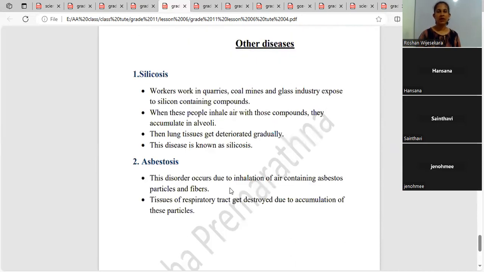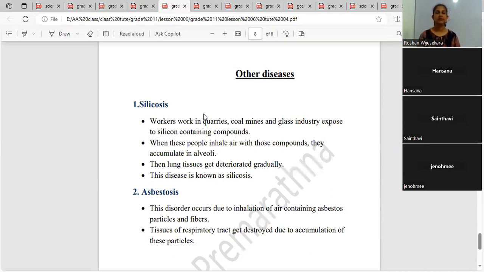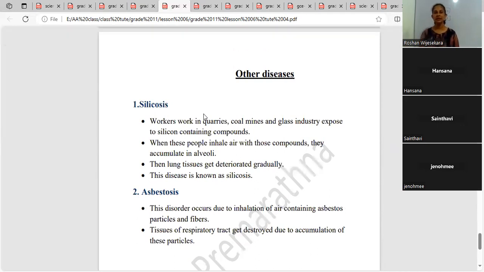Yes, this is also asked in several years, about silicosis and other diseases. This is associated with workers who work in quarries, coal mines, and the glass industry. This was also asked in a past question paper, silicosis.